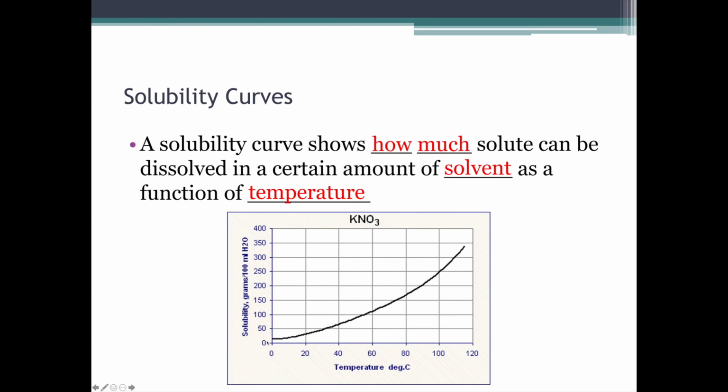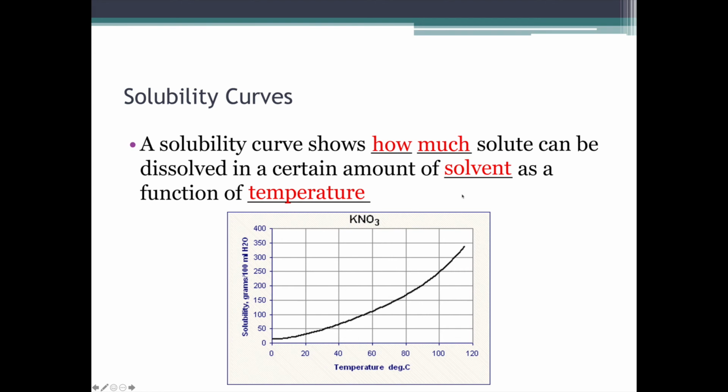The line is telling me what amount of solute, the KNO3, I can dissolve in exactly 100 milliliters of water. So if you think about it, if this was 200 milliliters of water, everything on this graph would have to be doubled because I can put twice as much solute into twice as much solvent. So as temperature increases, you can see the solubility of the salt is also going to increase.